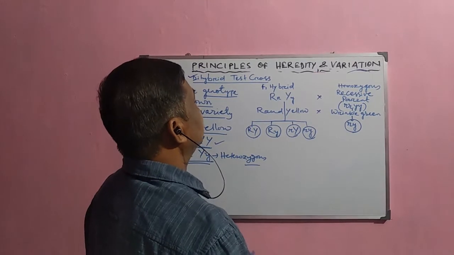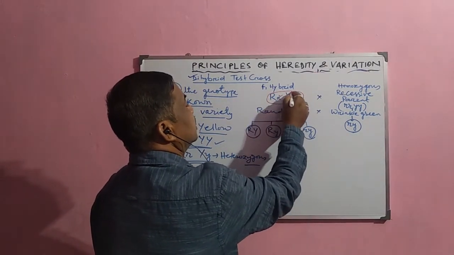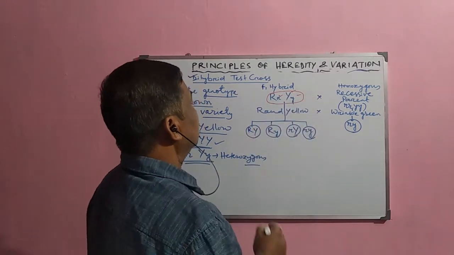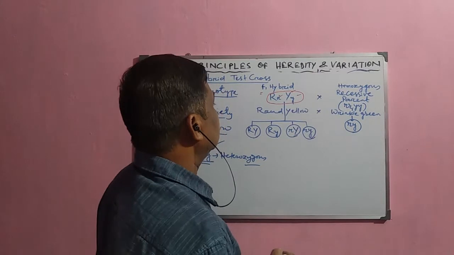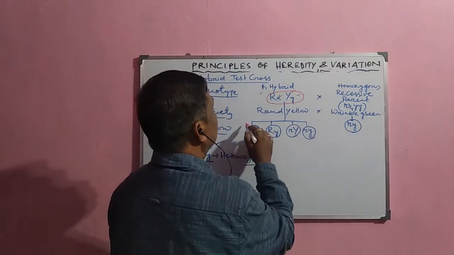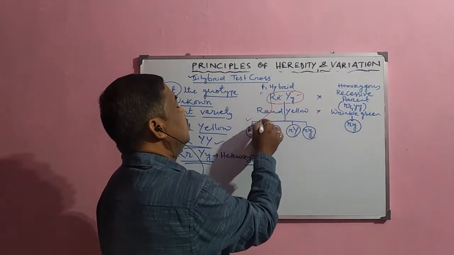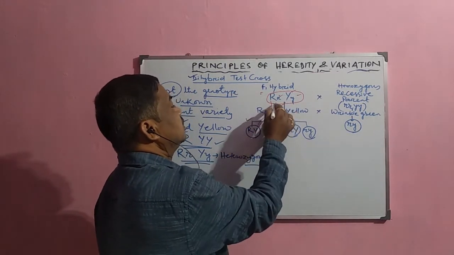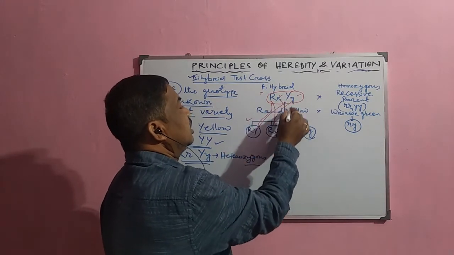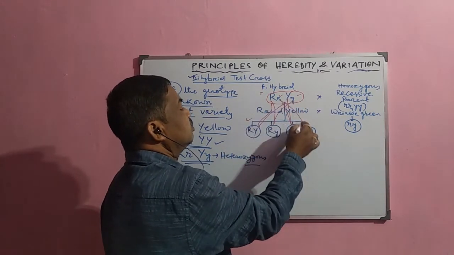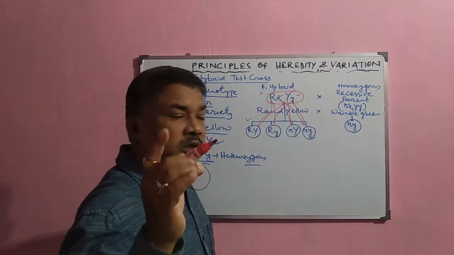This F1 hybrid is heterozygous, and in this case four types of gametes are formed: round and yellow RY, then R small y, small r capital Y, and small r small y. So four types of gametes can be formed here.